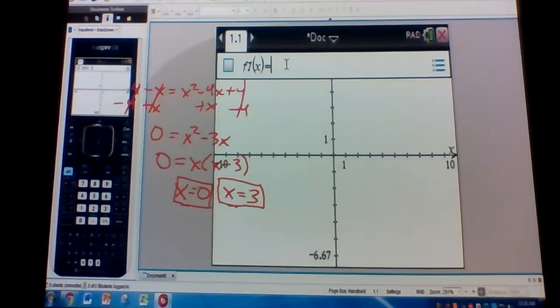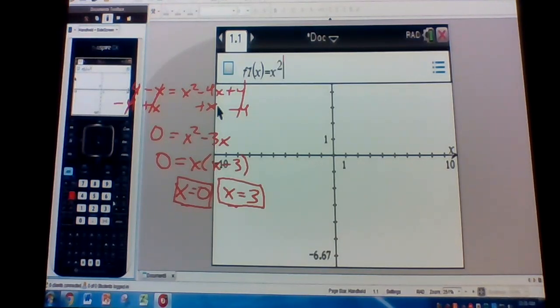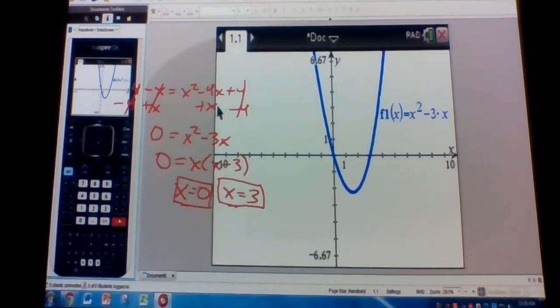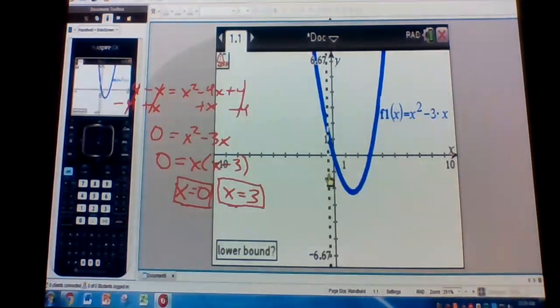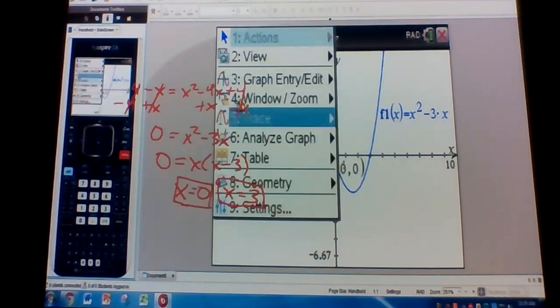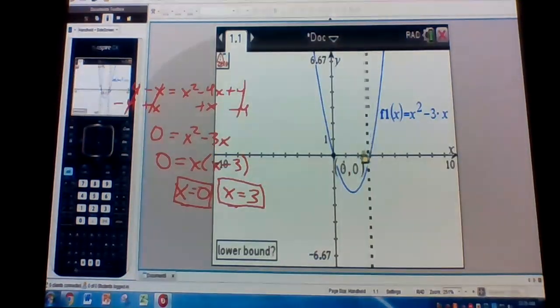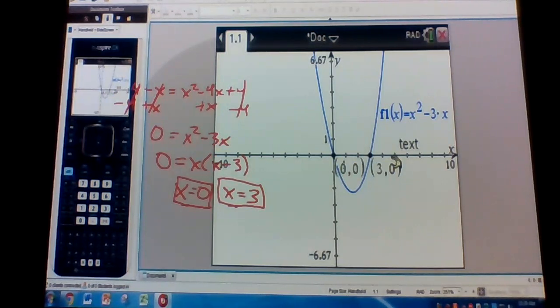Let me just do it first. X squared minus 3x. Okay. And then again, menu, analyze graph, 0.